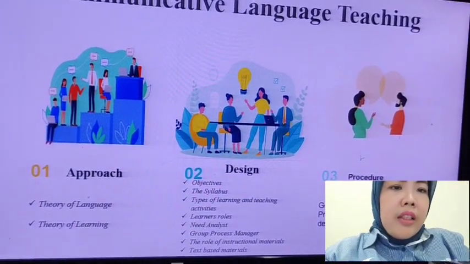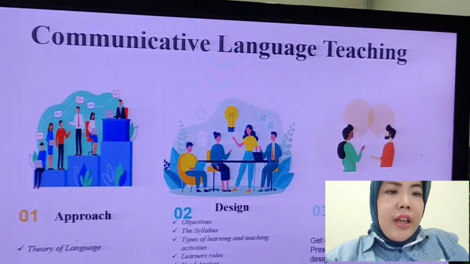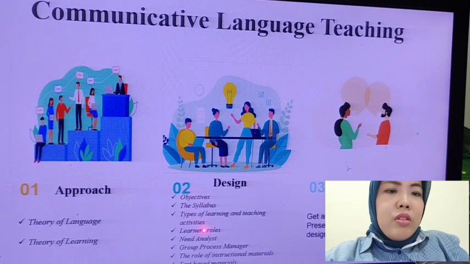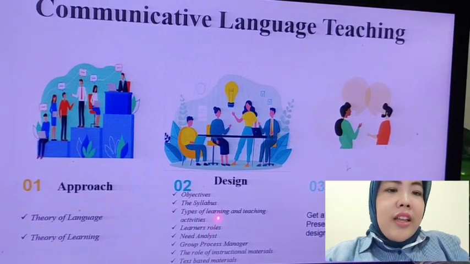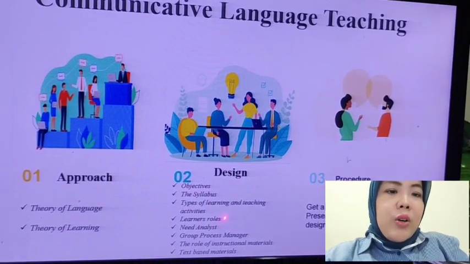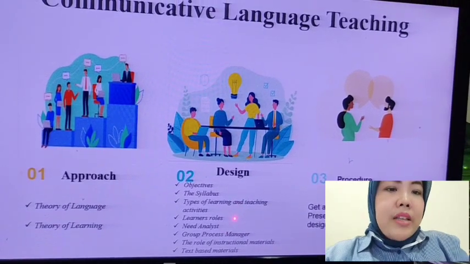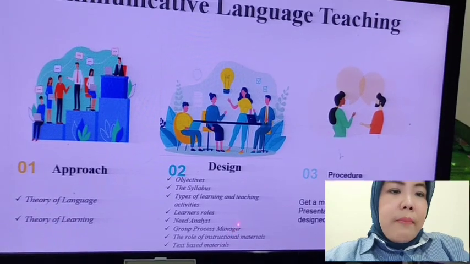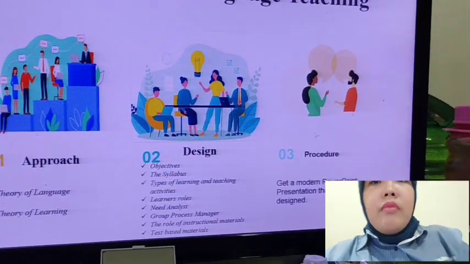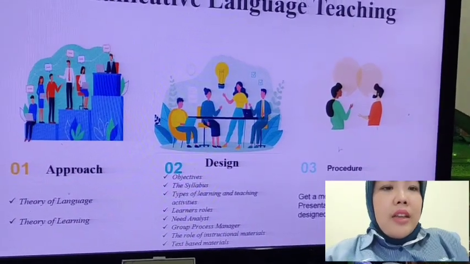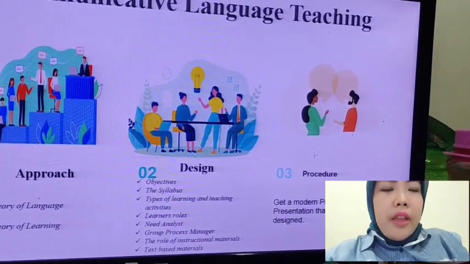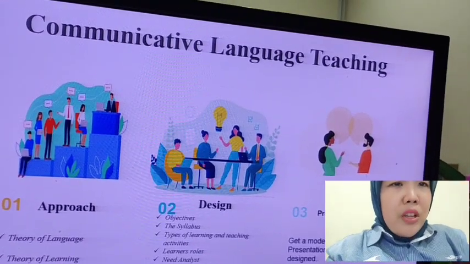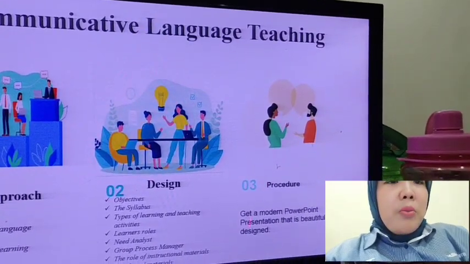And the next, types of learning and teaching activities. And the next, learners' roles. And the next, needs analysis. And the next, group process manager. And the next, the role of instructional materials. And the last, text-based and test-based materials. And the last, about communicative language teaching, discuss about procedure.